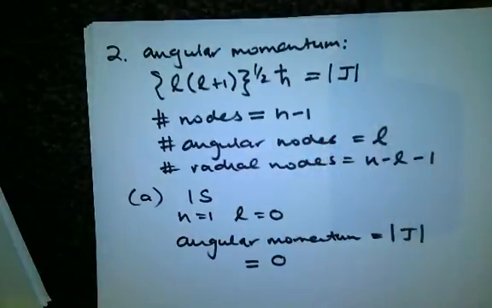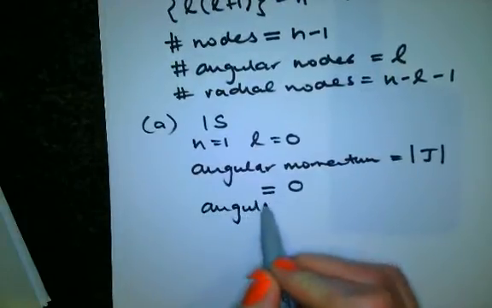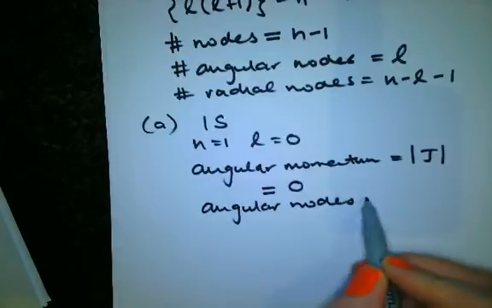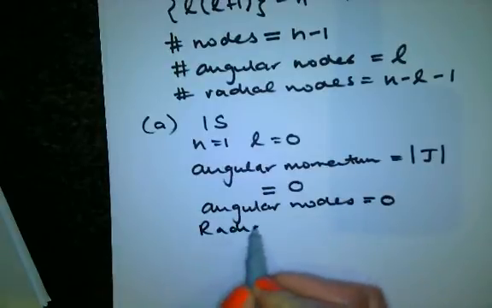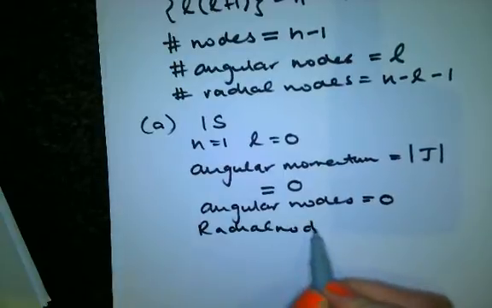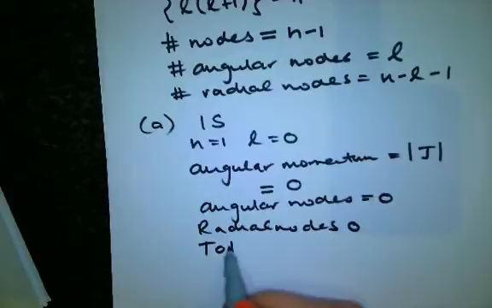Angular nodes, 0. Radial nodes, in this case also 0. Total nodes, also 0.